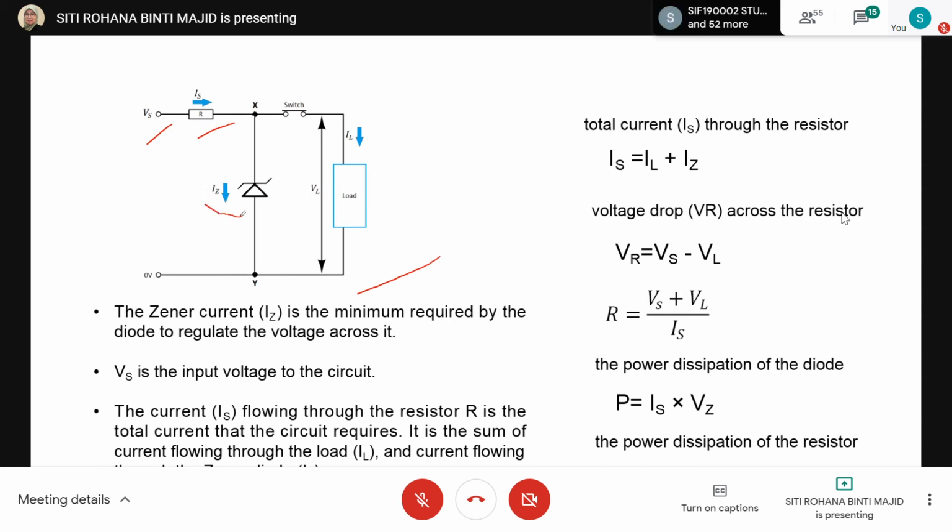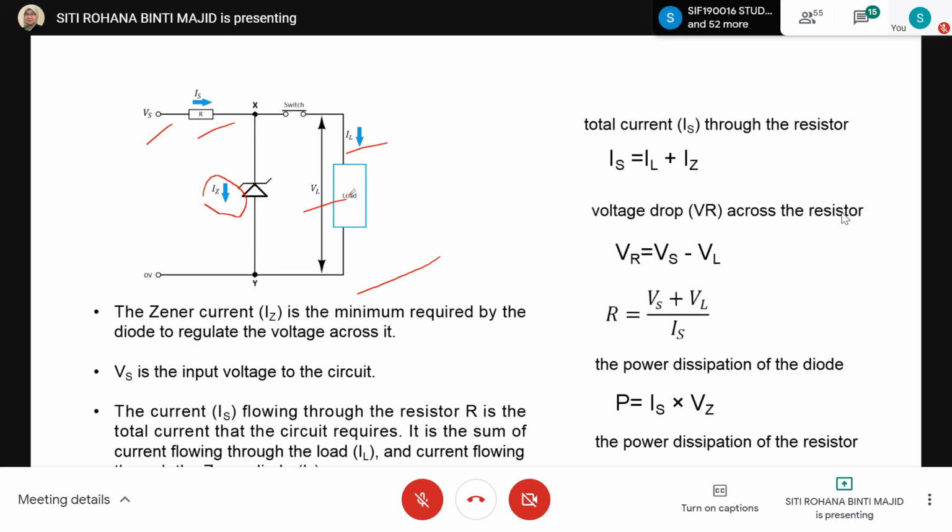When the current is sufficient, the Zener diode will function, and the value of the current will be IZ. And then we have a switch here to turn off and on the connection of the load, and then we have the current of the load and the potential difference across the load.